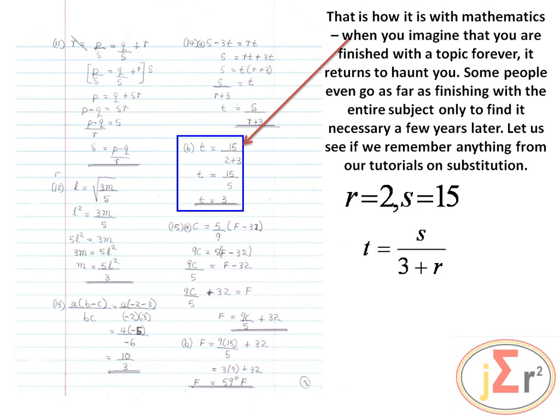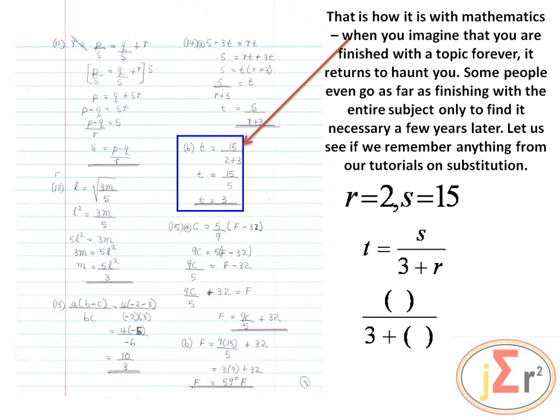That is how it is with mathematics. When you imagine that you are finished with a topic forever, it turns up to haunt you. Some people even go as far as finishing with the entire subject, only to find it necessary a few years later. Let us see if we remember anything from our tutorials on substitution.